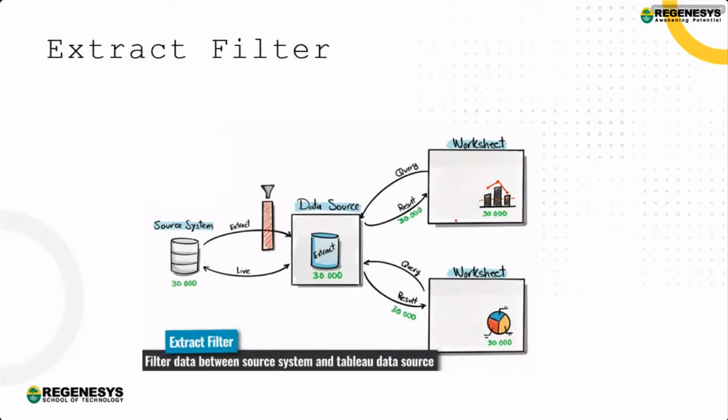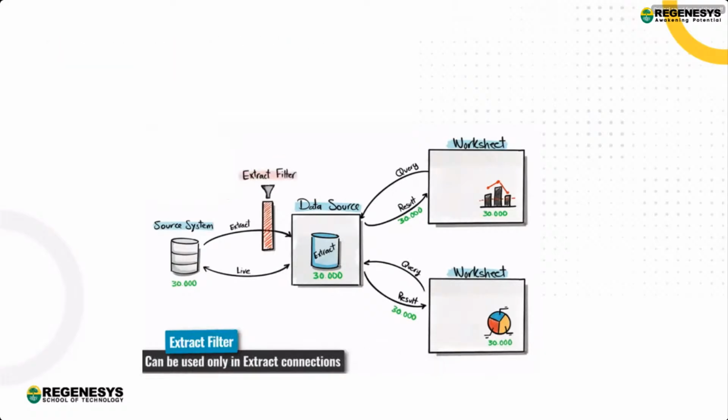So first is the extract filter, which we have applied here at the time of connection, before Tableau. When it gets connected before Tableau, then only we have used that filter. So it is used before the data enters into Tableau.